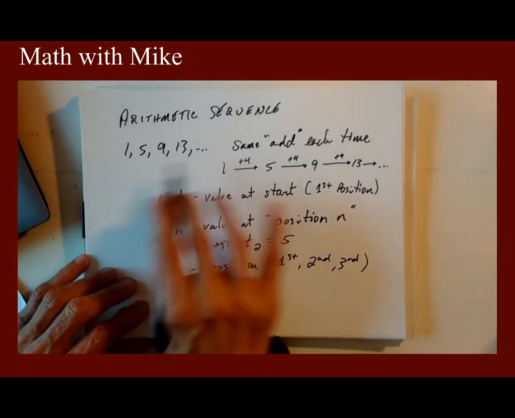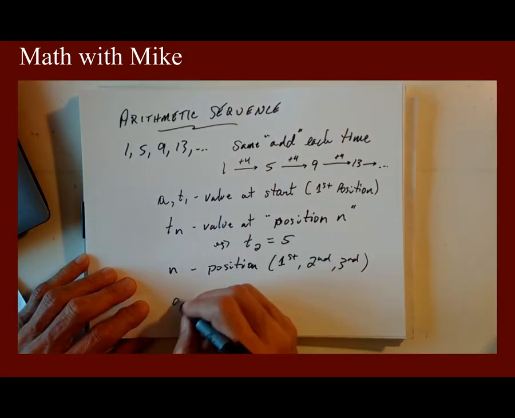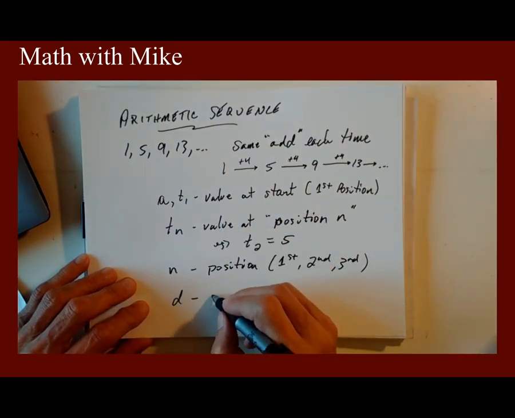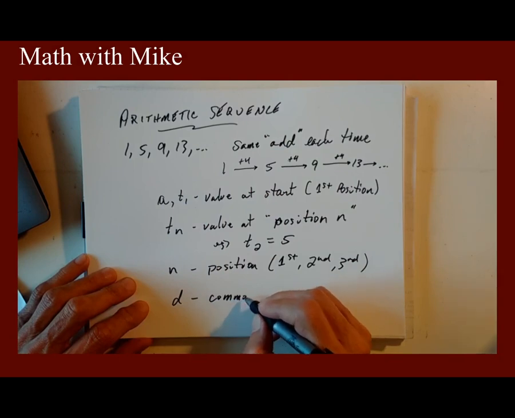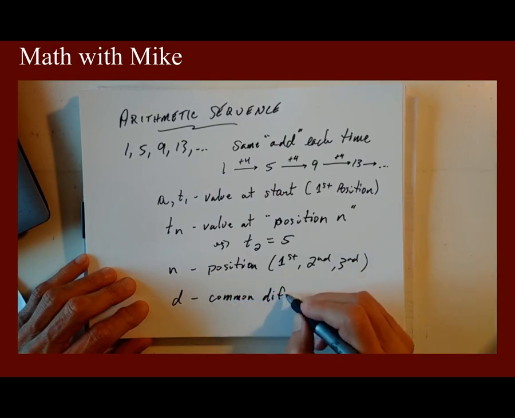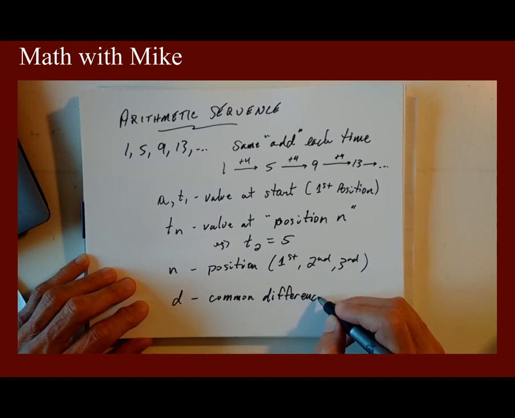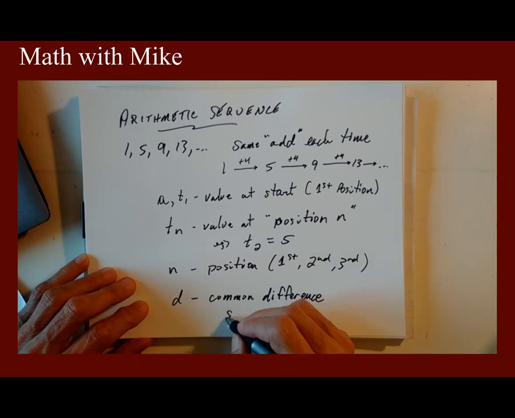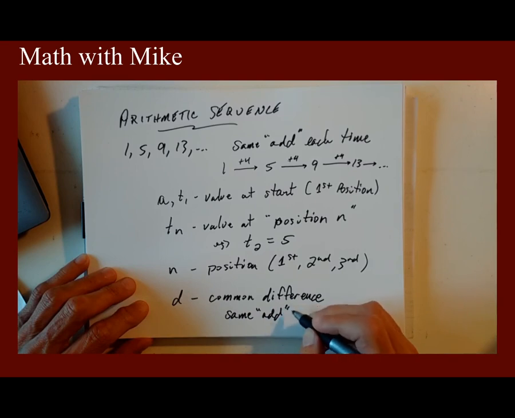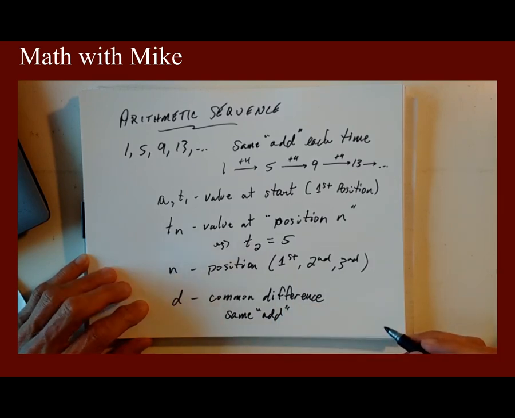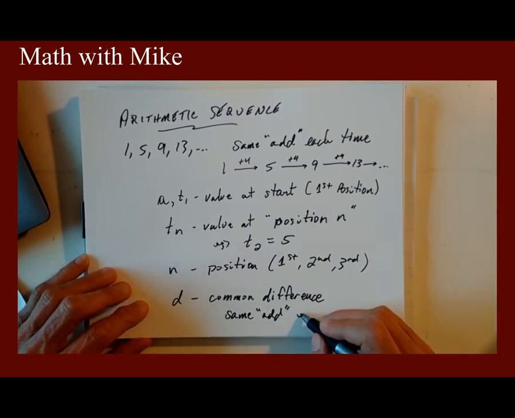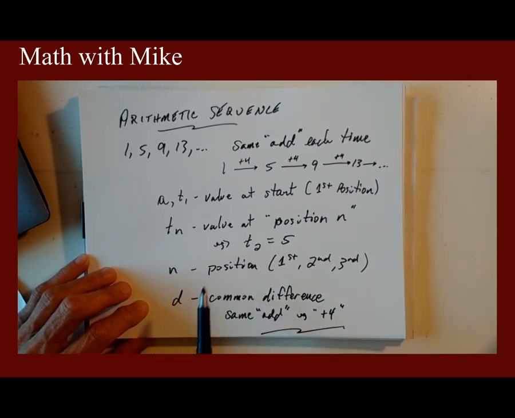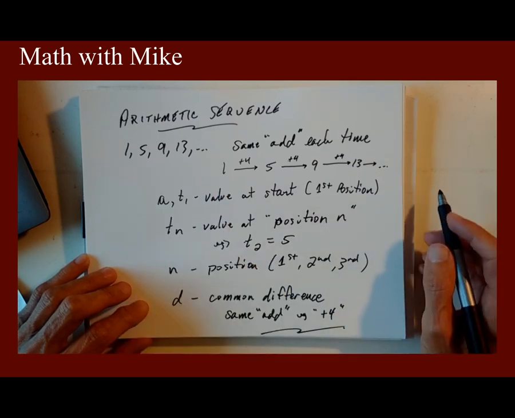But now for this arithmetic part, we have to add this, D. This is called the common difference, that's the math name, and I'll show you why in a second. What this is referring to is the same add, the number that's added each time to get from one term to the other. In this example, it was our plus 4 that we used each time to create this sequence.